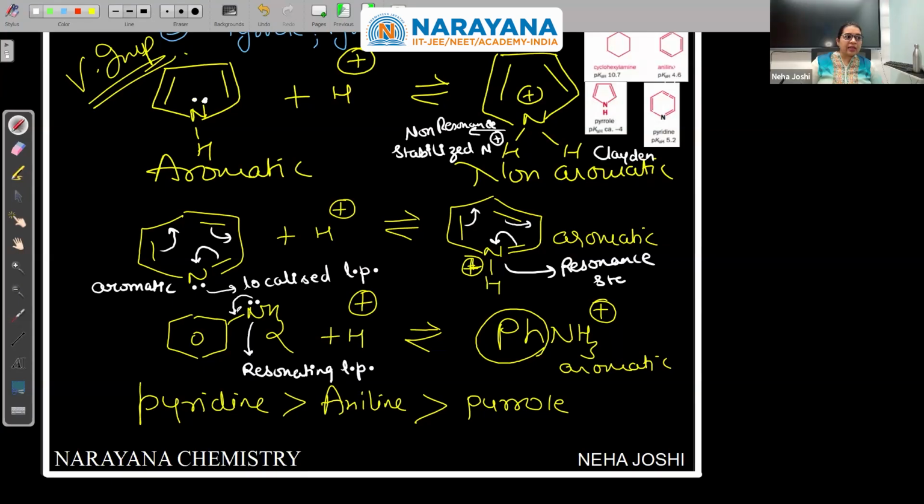Resonance stabilized conjugate acid. Here I see nitrogen plus will not be part of resonance, so it is also not resonance stabilized. So considering all these factors, it is clear that pyridine is going to be the strongest one, then the aniline, and then will come the pyrrole. Is that absolutely clear? Pyridine, aniline, and then pyrrole.